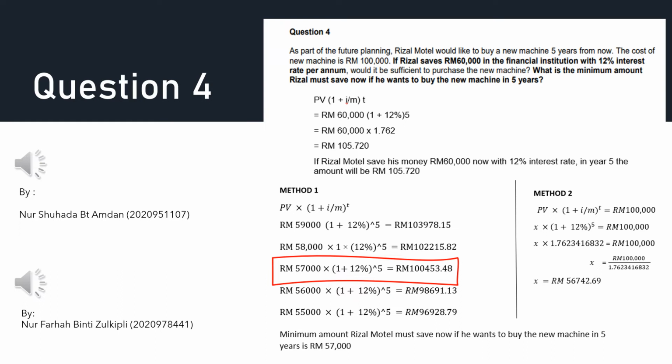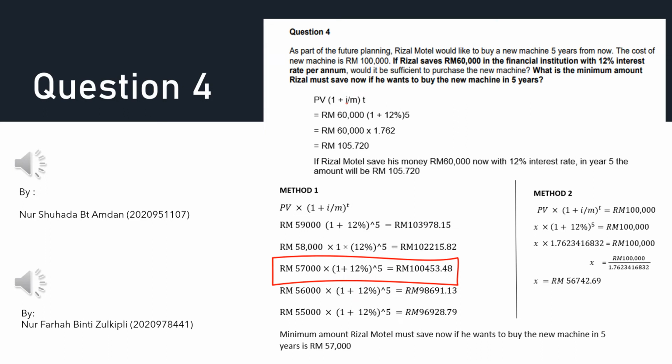Okay, the second method is we use PV times in bracket 1 plus I divided by M to the power of T equal 100,000. X is the minimum amount that we want to find. Using this formula, X times in bracket 1 plus 12% to the power of 5 equals 100,000.